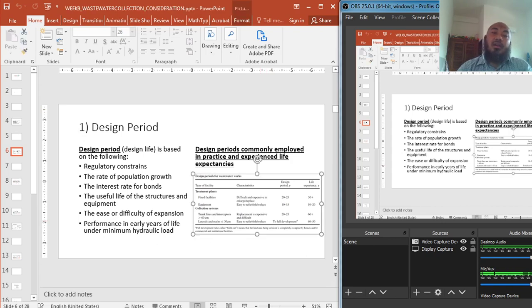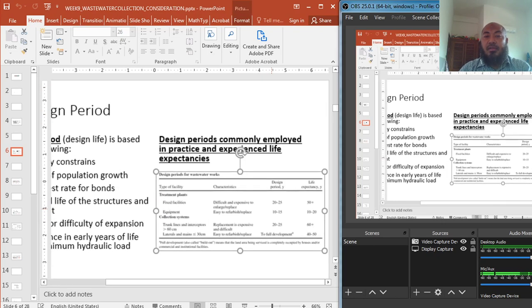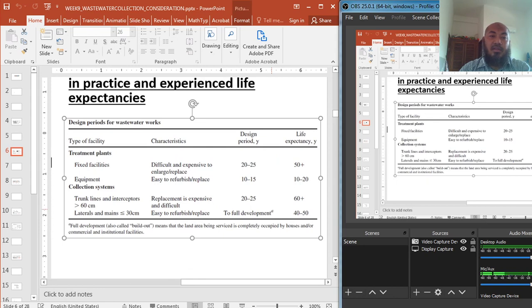There is a standard from the US for design period by type of facility.